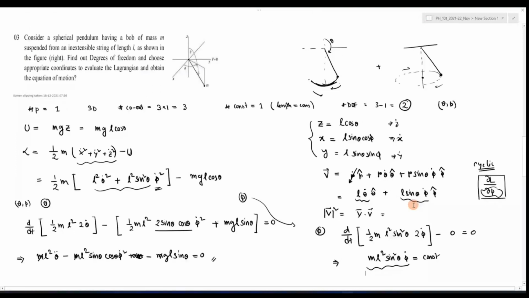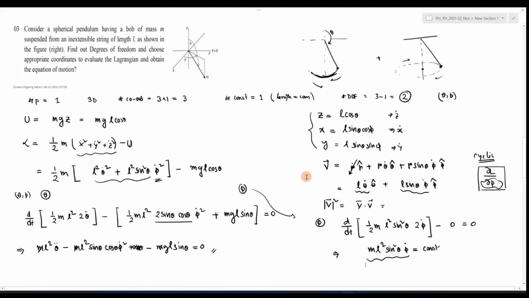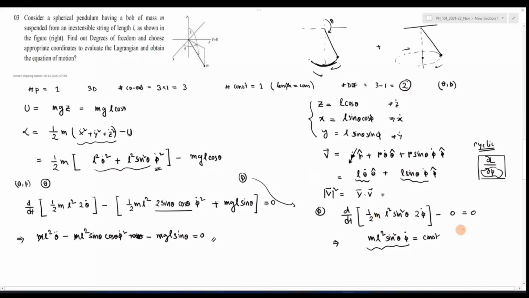Velocity in phi direction? No. Omega of the angular pendulum. So it's like m r square omega, right? Yes, m r square omega is angular momentum. So this is nothing but the angular momentum, and r is L sin theta.